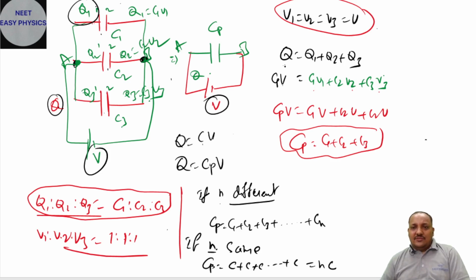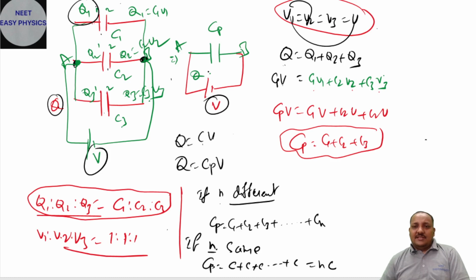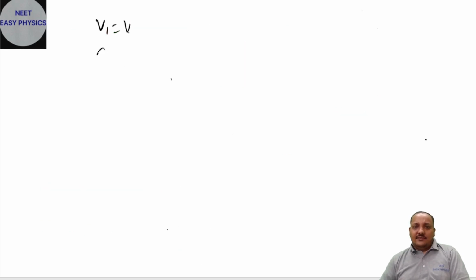Now, what is the charge on each capacitor if the capacitors are different? So, you can use this. What will be the same in this? V1 equal to V2, V1 equal to V. Now, what is V1 from this diagram or from this equation? V1 is Q1 by C1.